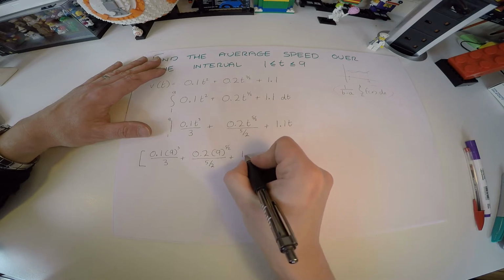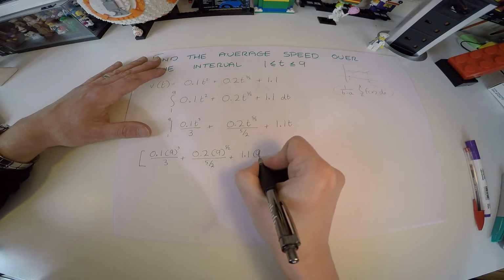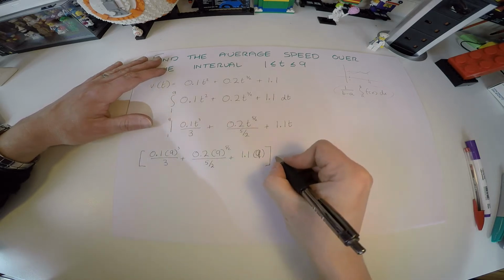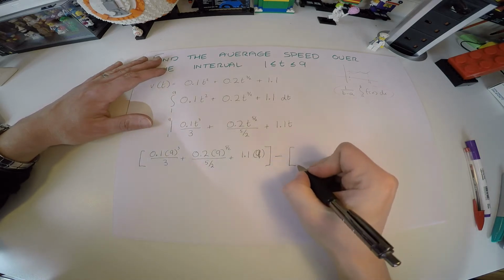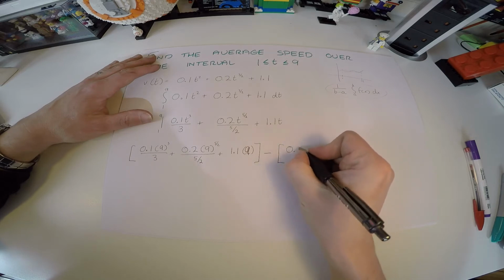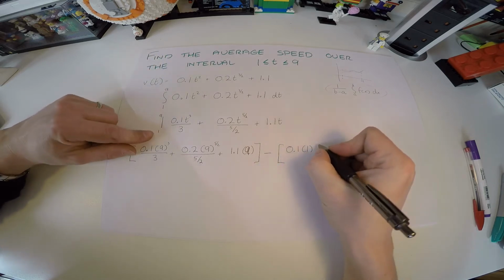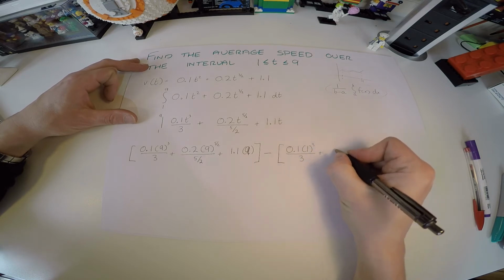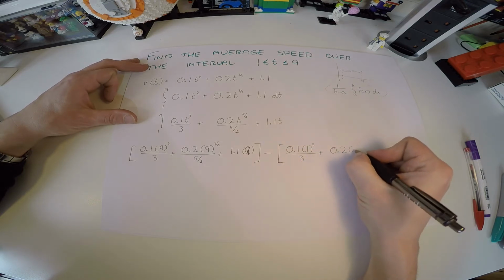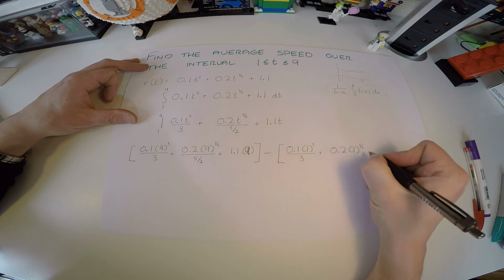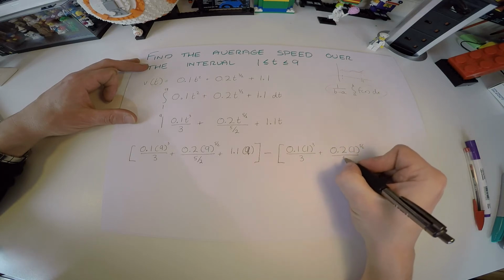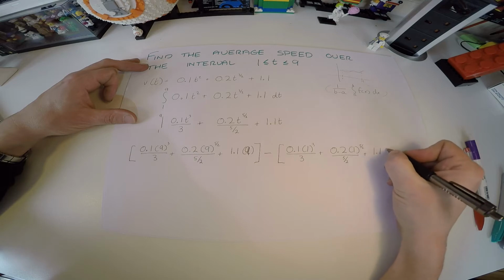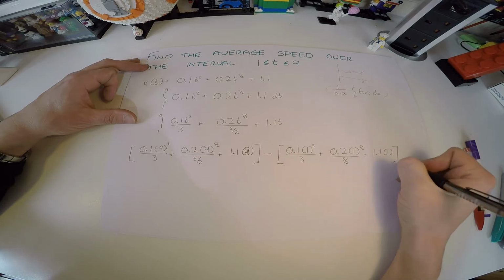Plus 1.1, and t is replaced, of course, by 9. So that's our top limit. We subtract from that our bottom limit. So that's 0.1, and t is now 1 for our bottom limit, cubed over 3 plus 0.2, t is 1, to the 5 over 2 over 5 over 2 plus 1.1 with a 1.